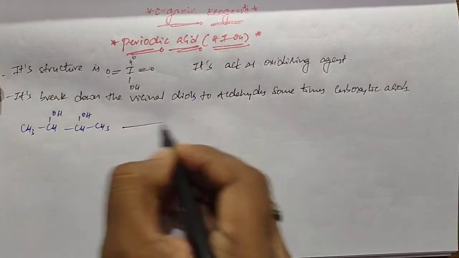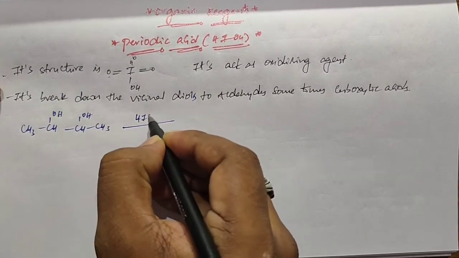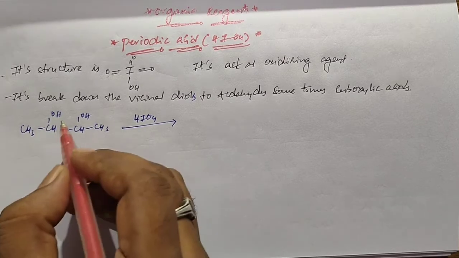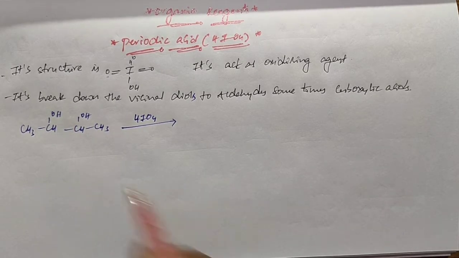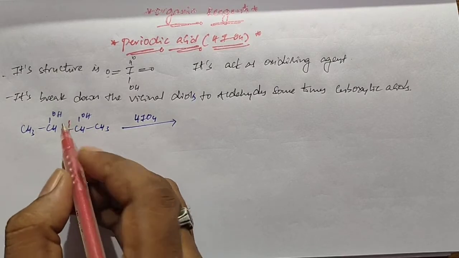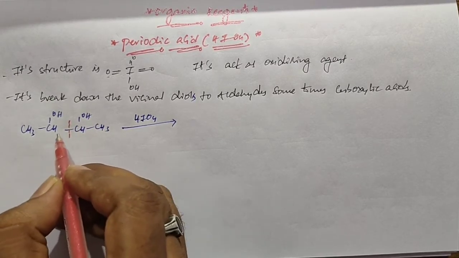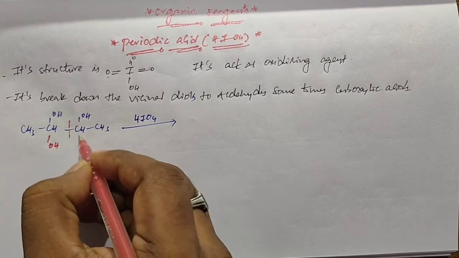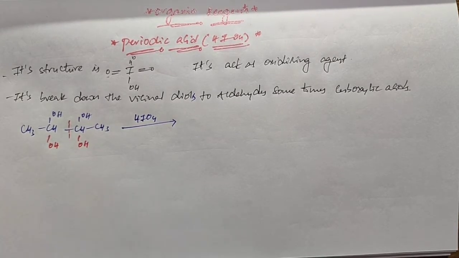So this is the compound. When this compound reacts with periodic acid, as we already discussed, the vicinal diol bond can be broken and both carbons lose one valency. Those valencies are satisfied by adding OH groups.